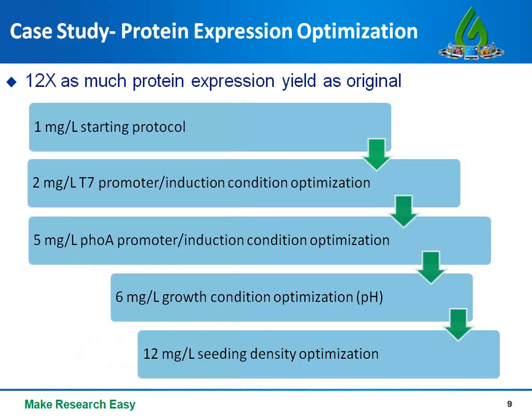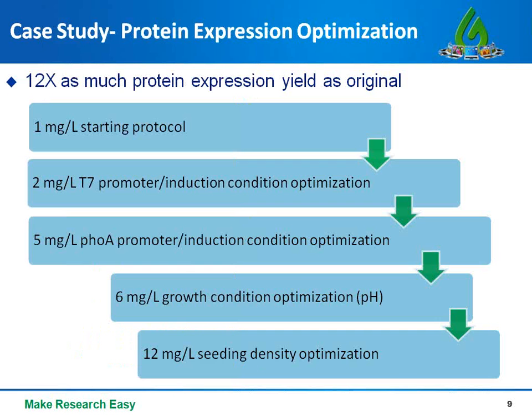Here is the result. By optimizing T7 promoter and the induction conditions such as temperature, inducer concentration, and the induction time, the production efficiency is doubled from 1 mg to 2 mg per liter. By further optimizing the promoter and the induction conditions, the yield increased to 5 mg per liter.